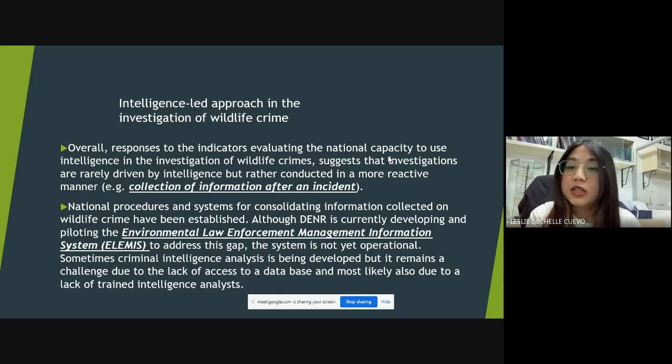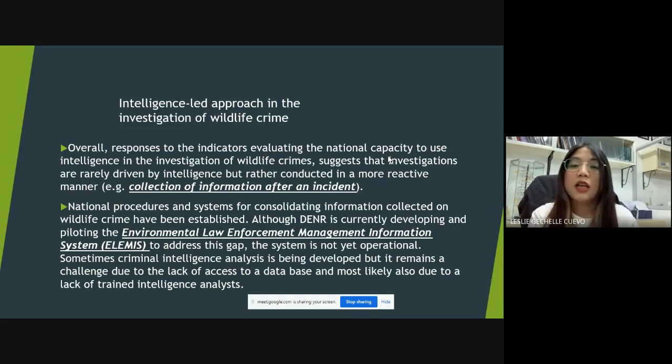National procedures and systems for consolidating information collected on wildlife crime have been established, although the DENR is currently developing and piloting the Environmental Law Enforcement Management Information System or LMIS.